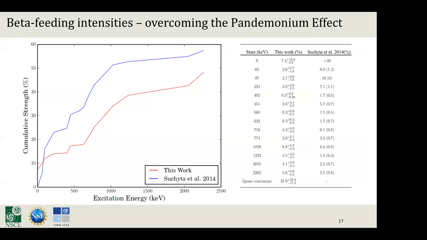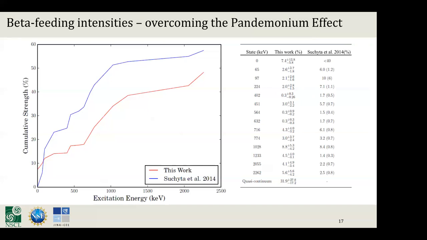But the idea can be simplified to say that if you have two excited states in your nucleus, you can determine the beta feeding of the lower-lying excited state by taking the number of times you see it decaying, and subtracting the number of times it is being fed by the state above it. And that gives you the feeding of the lower-lying excited state.